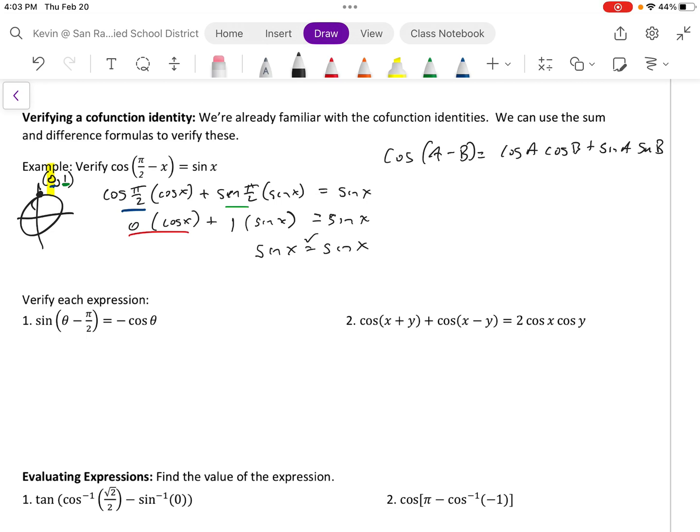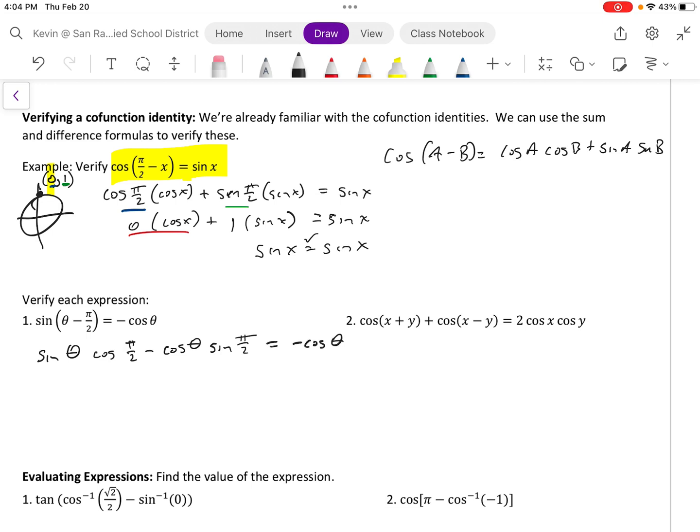Check. So using the sum and difference formula, we're able to verify the cofunction identity, that indeed cosine of pi over 2 minus x equals sine of x. All right, so let's verify here. This is going to be sine of theta times the cosine of pi over 2 minus the cosine of theta times the sine of pi over 2.